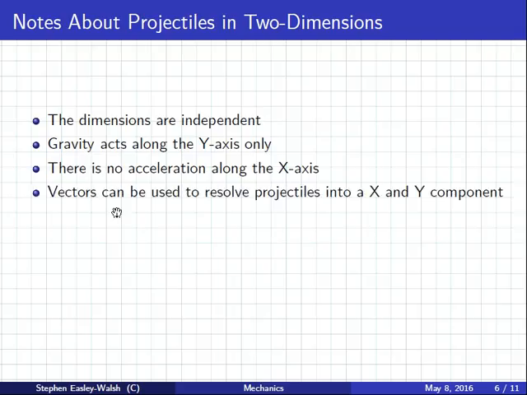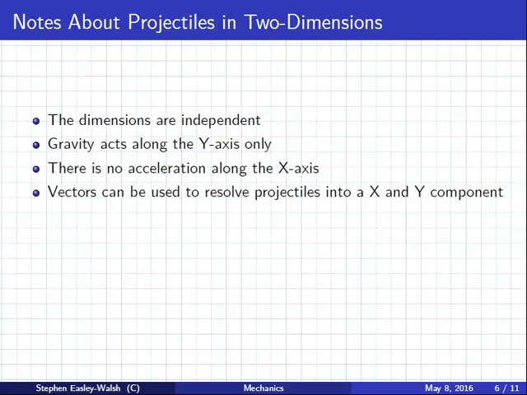The next point is that vectors can be resolved, so you can resolve projectiles into x and y. Before you write that down, what I mean is if I was throwing something over here, it's a vector because it has a magnitude, which is my speed, and a direction, which is the angle I make with the ground when I throw it.